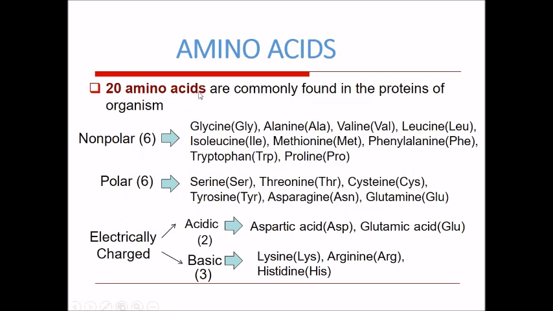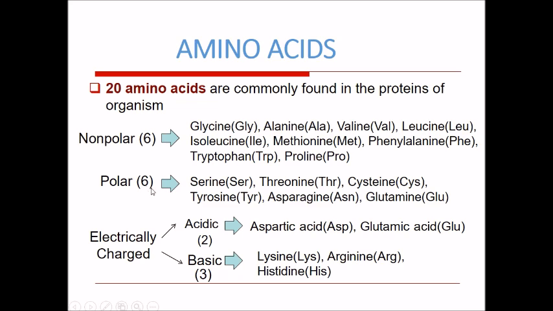There are 20 amino acids that you have to know that can normally be found in protein. Nine amino acids are non-polar out of 20, which are glycine, alanine, valine, leucine, isoleucine, methionine, phenylalanine, tryptophan, and also proline.